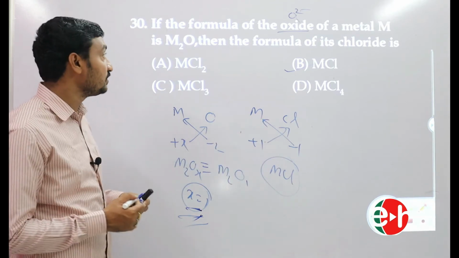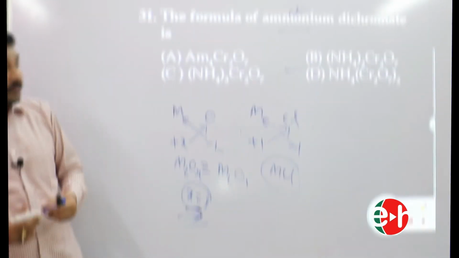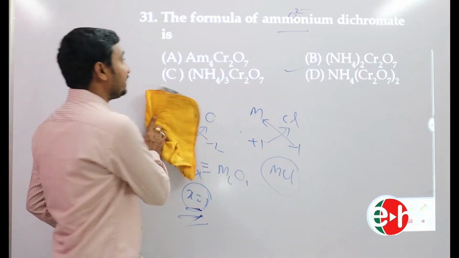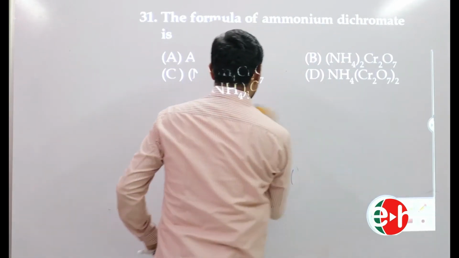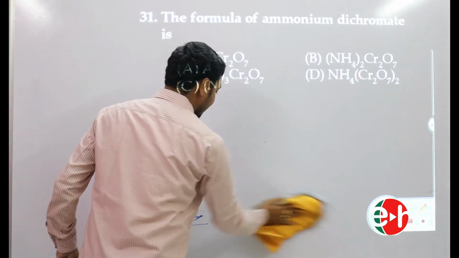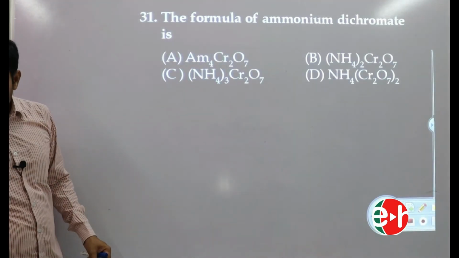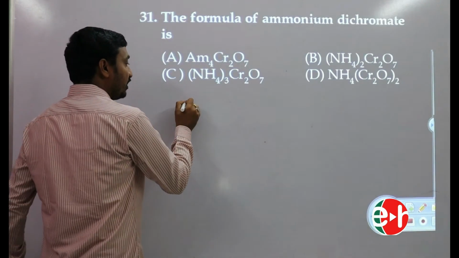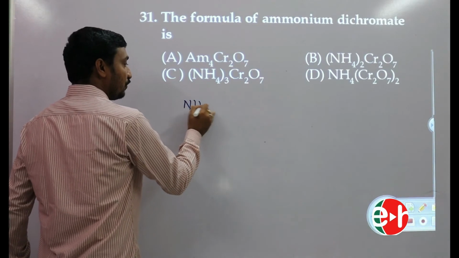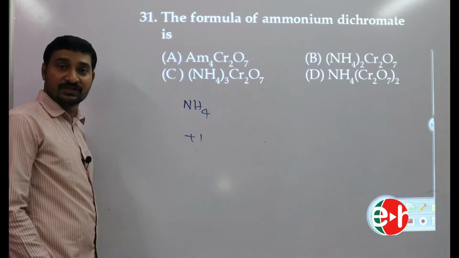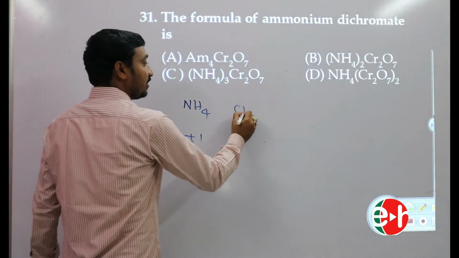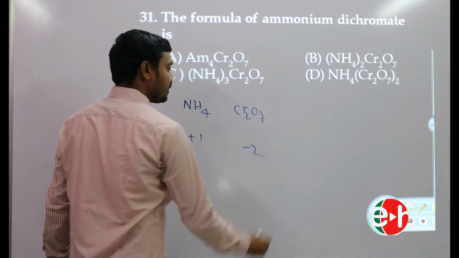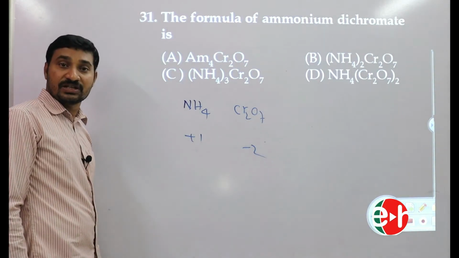Okay. Next question. The formula of ammonium dichromate. We know the ammonium ion formula is NH4 plus, and the dichromate ion is Cr2O7 2 minus.